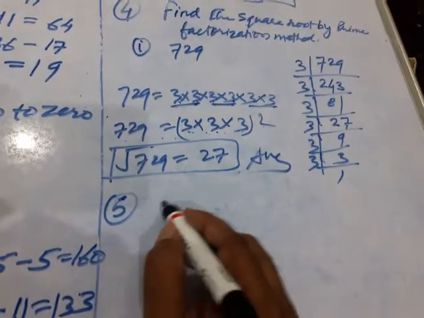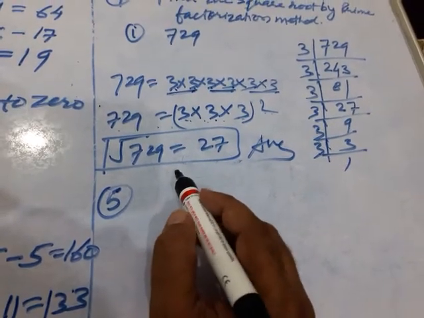Okay children, question number 5, that is 252.